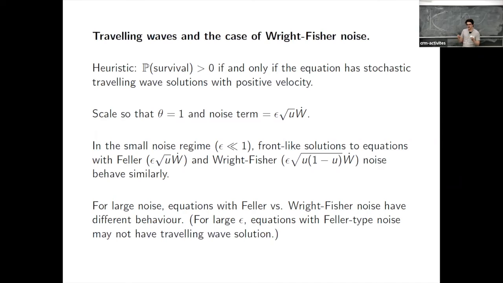So what's known for the Wright-Fisher noise is that there are traveling waves, their sign may change, and the asymptotics of the velocity are known as epsilon goes to infinity. Whereas in the case of Feller noise, when you go beyond this threshold for extinction, little to nothing is known about the existence of traveling waves, and there does not seem to be a clear roadmap about how to infer behavior from that.